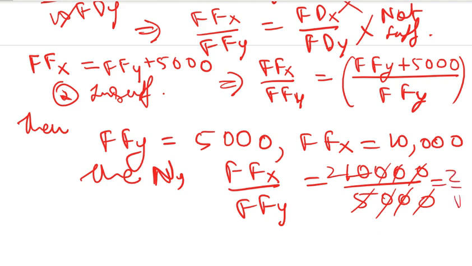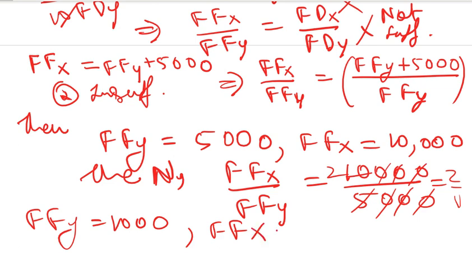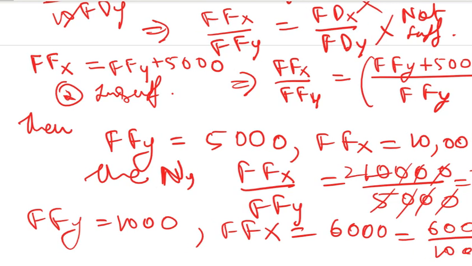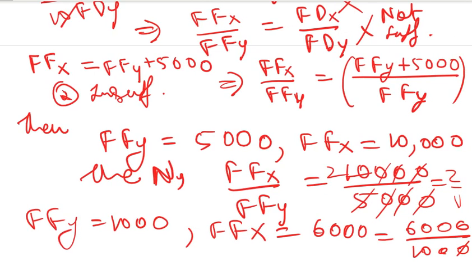Nothing is coming out actually. Again, if FF of Y is 1,000, then 5,000 more means FF of X is equal to 6,000. So that is 6,000 by 1,000, which is also 6 by 1.